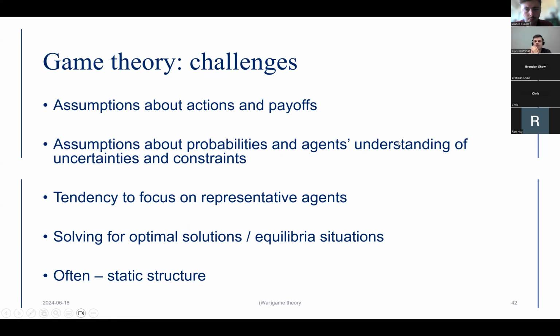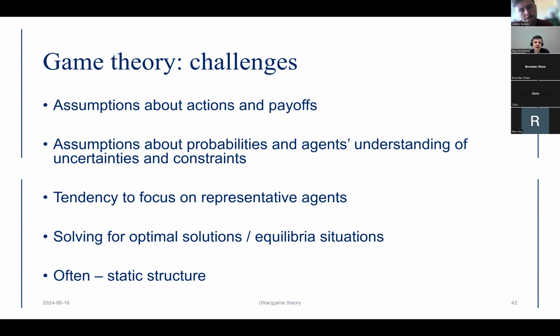And of course, they themselves have a lot of challenges. They make a lot of assumptions about what actions players are able to take and what payoffs they get from it, as well as assumptions about probabilities and agents' understanding of uncertainties and constraints that they face, including, for example, how agents, whether they're countries or people or firms, manage to deal with uncertainties and calculating risk.